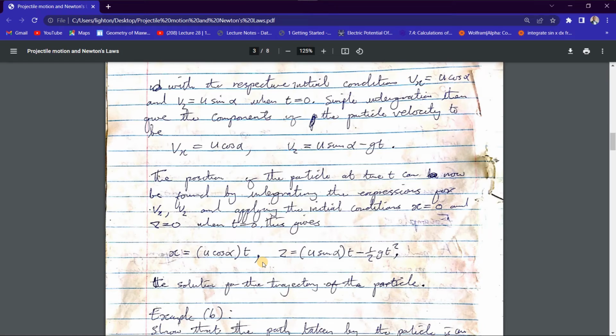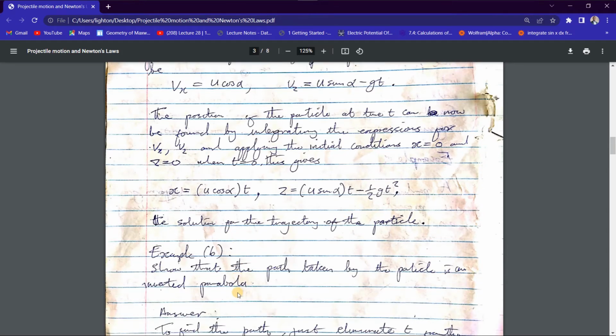So this is what you get by integrating the expressions for v subscript x and v subscript z. We can find the position of each of them. These are equations which you have seen before, of course. You've seen the equations of uniform motion, which are just these.